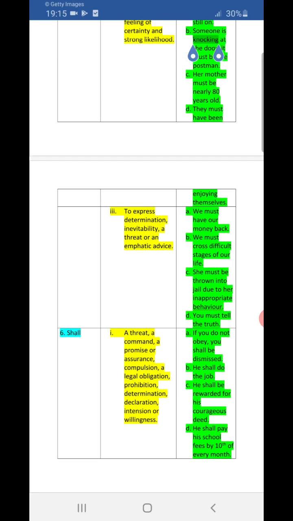It can be a compulsion, a legal obligation, prohibition, determination, declaration, intention, or willingness.